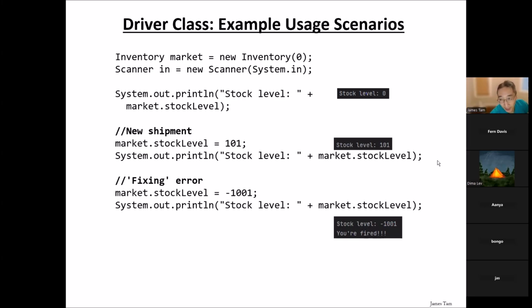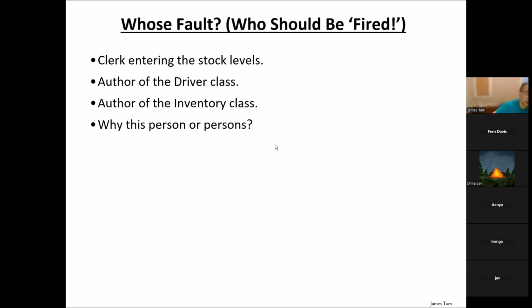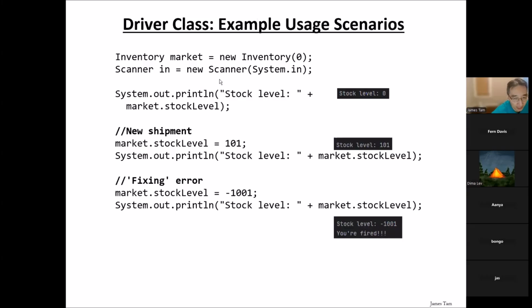So now, let me ask you this. I will do a show of hands here. There are at least three people who are involved in this simplified usage scenario of software. I call it clerk, basically. I wasn't a clerk in the store, had to do other stuff, but I had to do clerical tasks like this. The user of the software. There's the person who wrote this driver class.